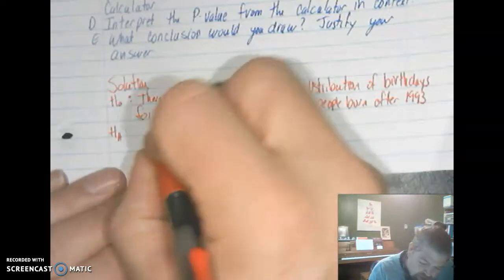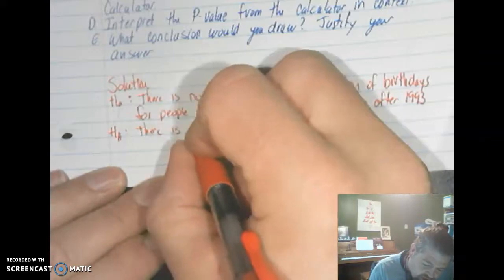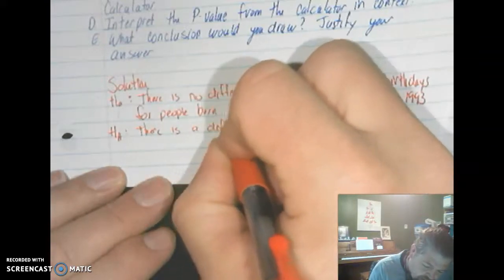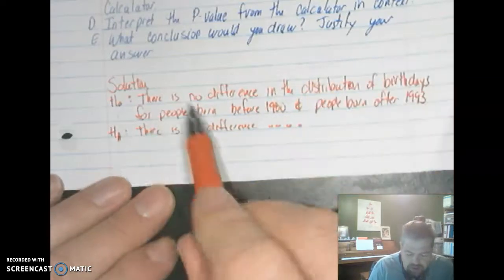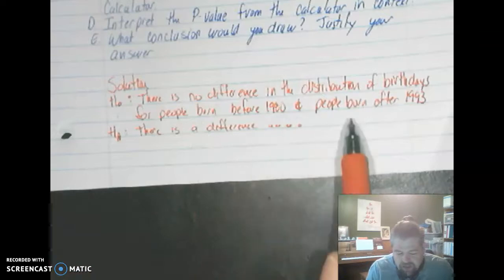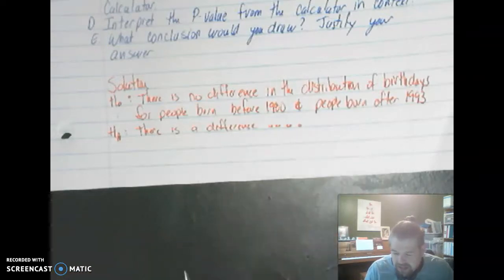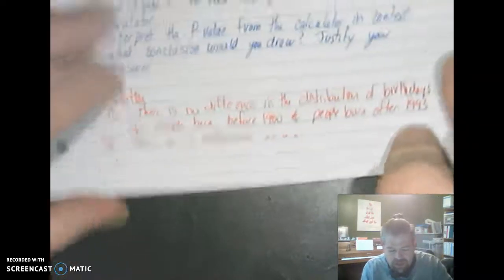So then we'd come here and say there is a difference. And just to save ourselves some time, there is a difference in the distribution of birthdays for people born before 1980 and people born after 1993. All right, so there's our hypothesis.